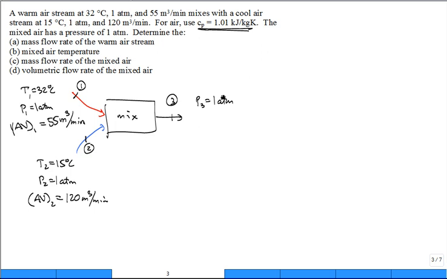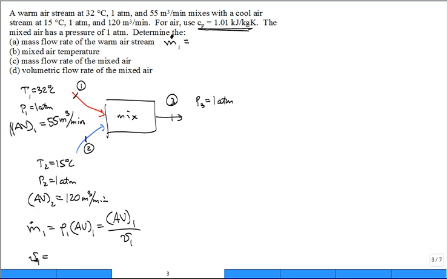So they gave me the volumetric flow rate, but what's m dot 1 in kilograms per second? What you would do is say the mass flow rate at 1 is equal to the mass density at 1 times AV1, or AV1 divided by specific volume 1. Either one, because specific volume is the reciprocal of mass density. How do I calculate specific volume 1?